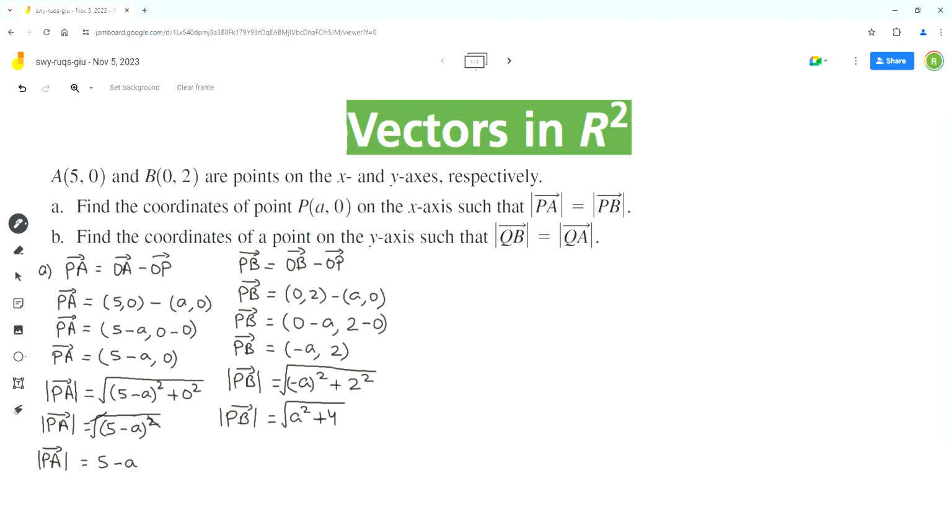Now as per part A, the magnitude of PA is equal to the magnitude of PB. So we can make an equation out of it.